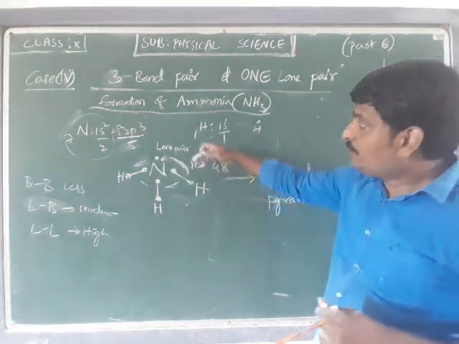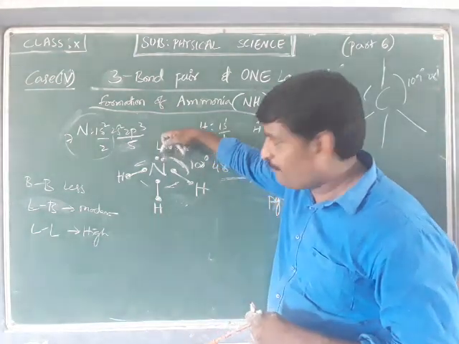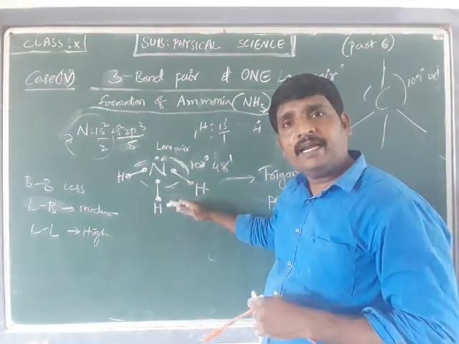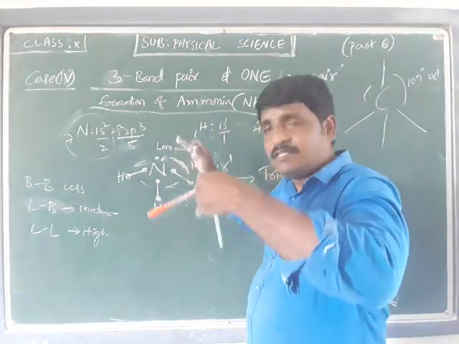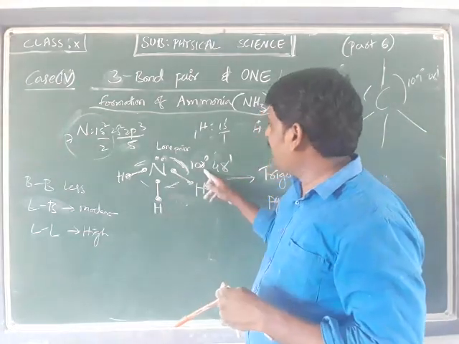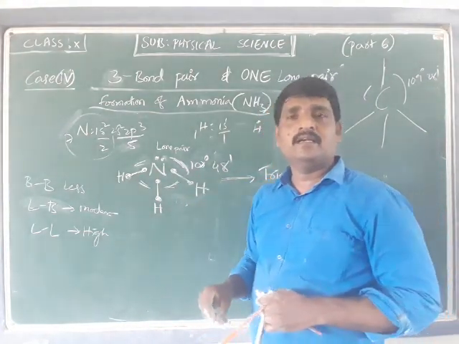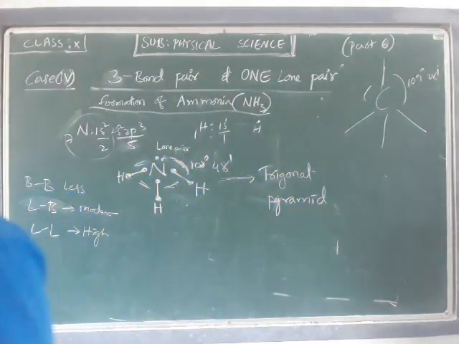Due to the repulsion of this lone pair by this bond pair, instead of taking 109 degrees, the bond angles will come close and they attain 107 degrees 48 minutes. Okay, they are going to attain 107 degrees 48 minutes.